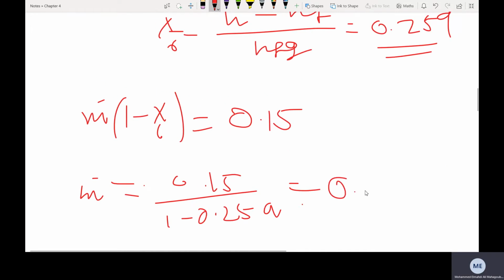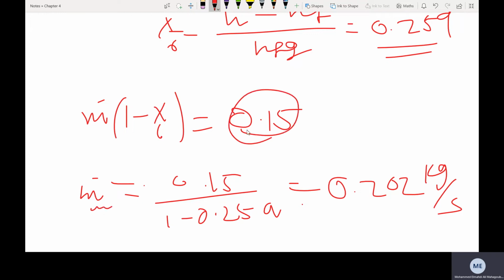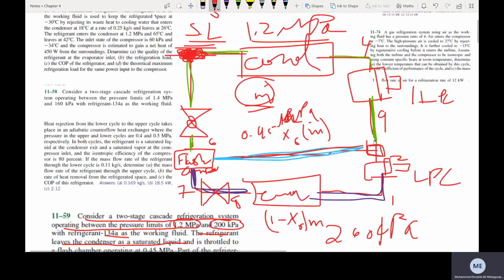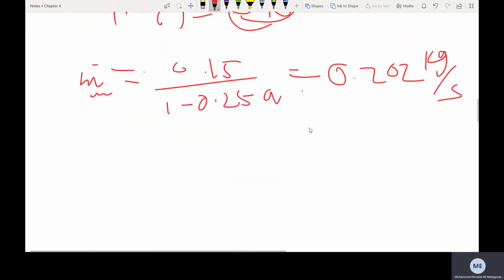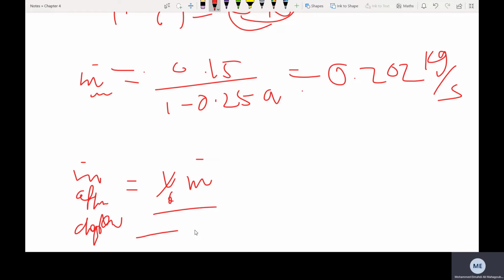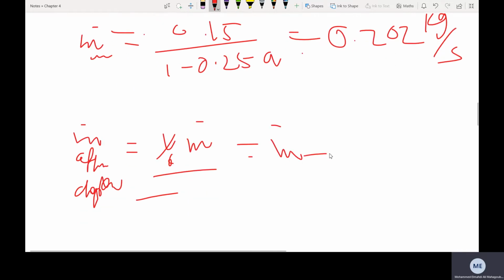I am getting 0.202. Just to make a sanity check to see if your results make sense, this value should of course be higher than this value, because this is only an extract from the total mass flow rate. And if we want to find the mass flow rate going here after the flash chamber, the extracted amount, it is either x6 multiplied by m dot total, or you can say it is m dot total minus (1 minus x6) multiplied by m dot total.